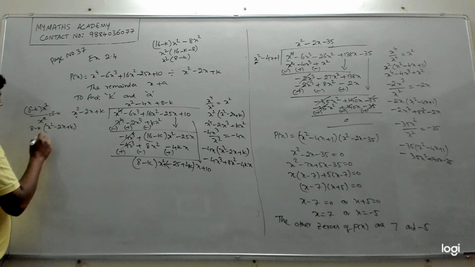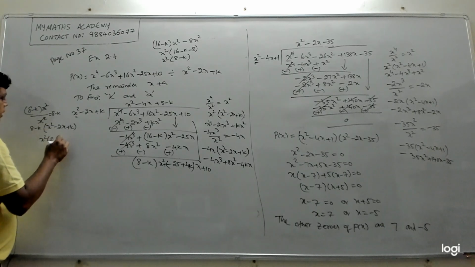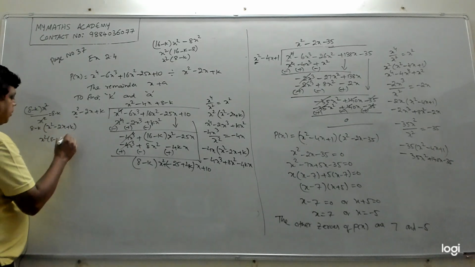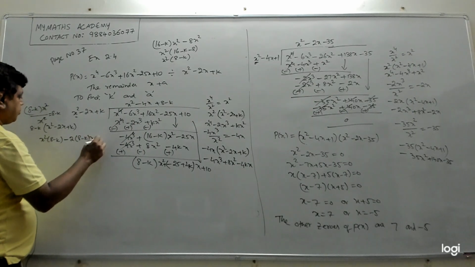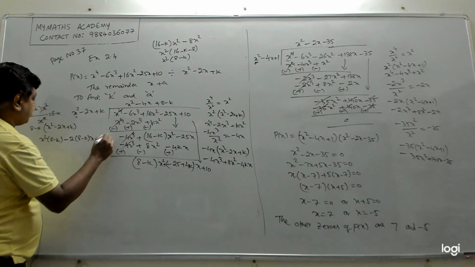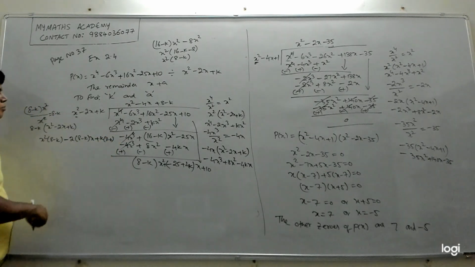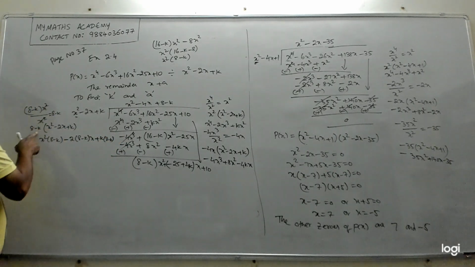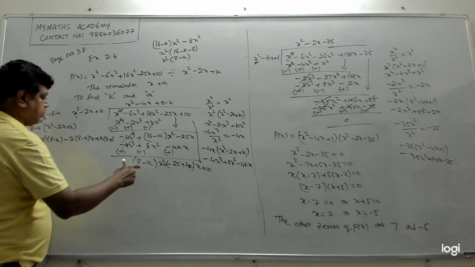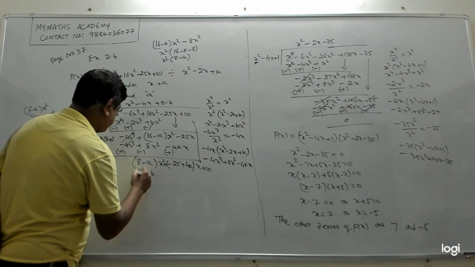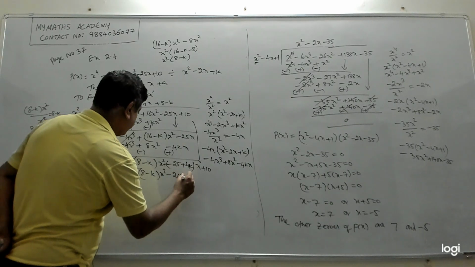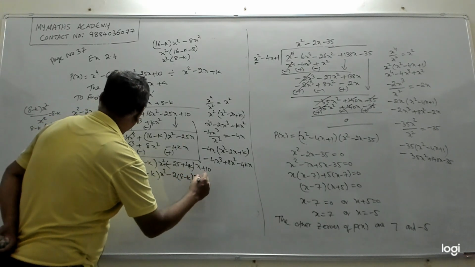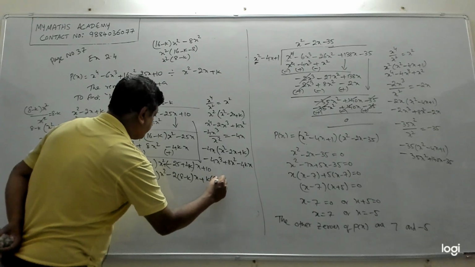So this will give me x square into 8 minus k, minus 2 into 8 minus k into x, plus k into 8 minus k. So we'll put that here: 8 minus k into x square minus 2 into 8 minus k x plus k into 8 minus k.